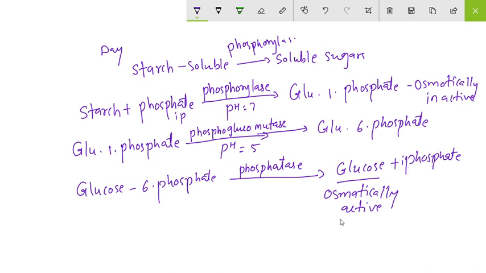In first year we already studied the osmotic pressure, the DPD, and so on: osmotic pressure, diffusion pressure deficit.